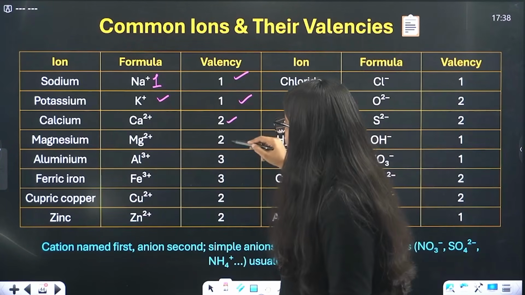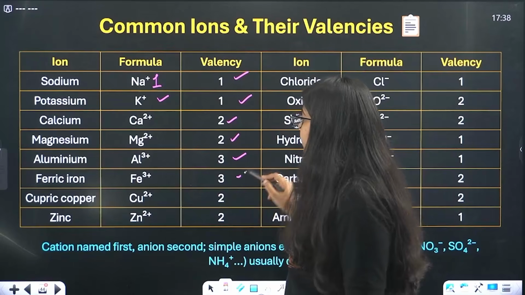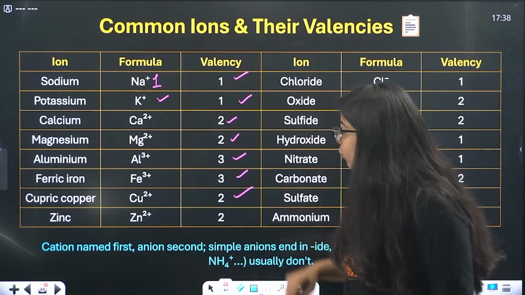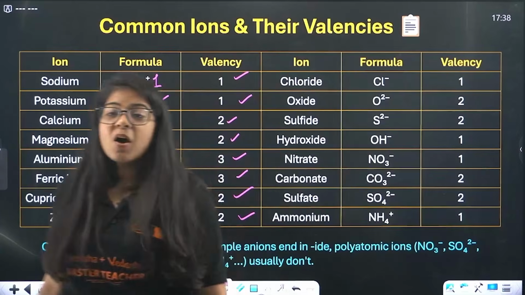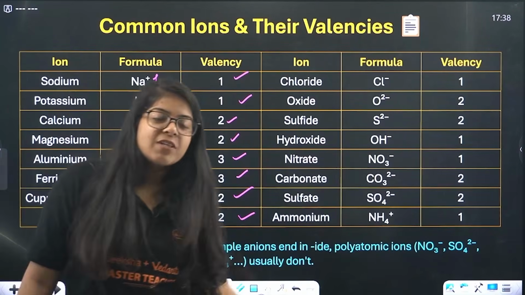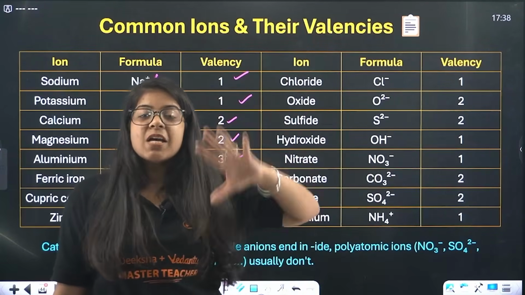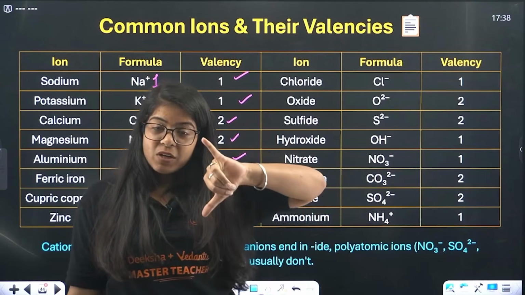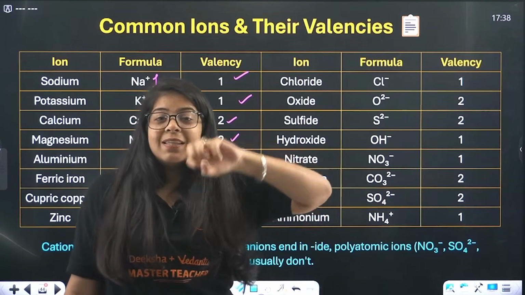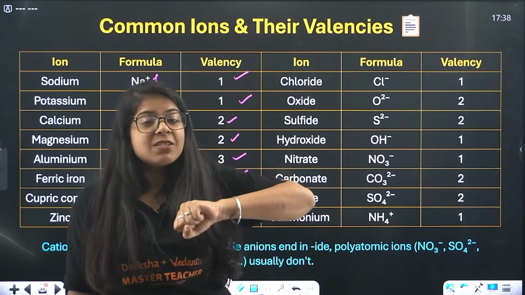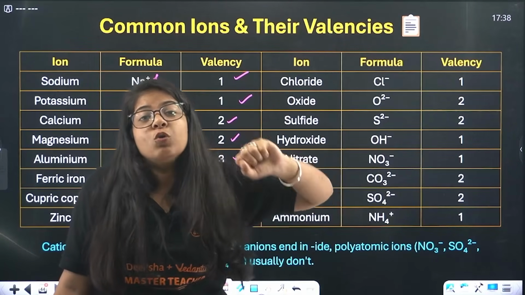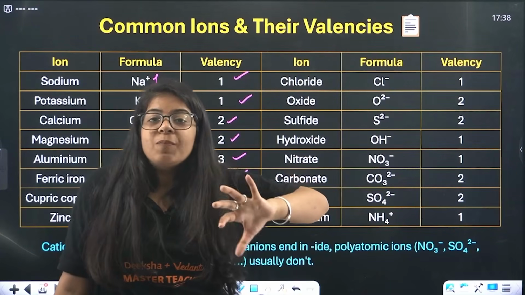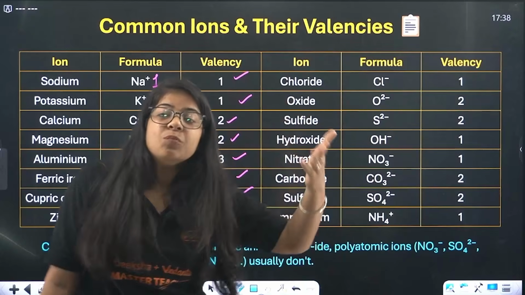Calcium and magnesium 2, 2. Aluminium and iron 3, 3. Copper has 2 electrons. Zinc has 2. It loses 2. Ma'am, how will I remember this? Mostly you just have to remember elements 1 to 20. You remember their atomic number, their electronic configuration, and you will know how many they need to complete their octet. That will be its valency in negative. How many they have to lose to complete their octet or duplet, that will be its valency, but in positive.